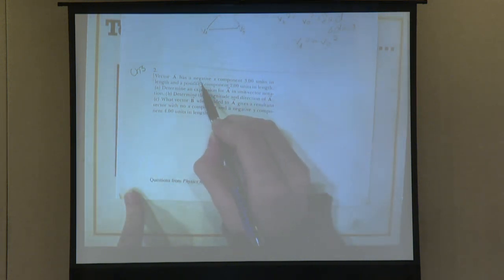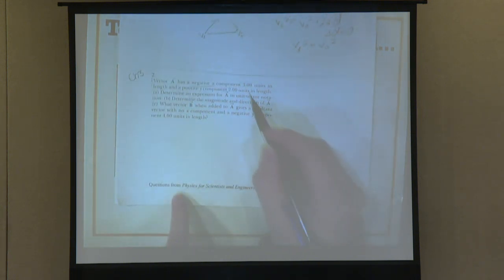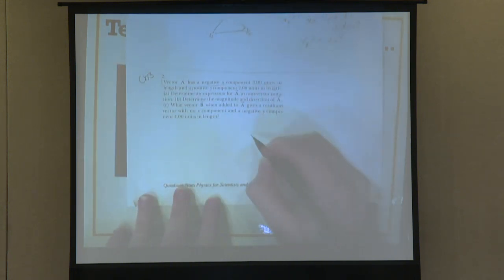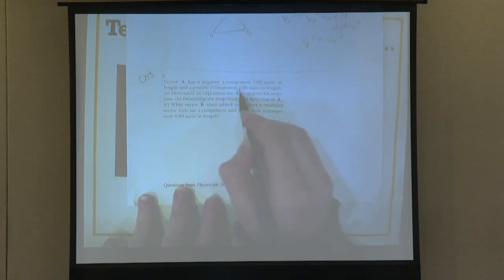Number 2 is talking about a vector A, and it says that it has a negative x component. The negative x component will be 3 units, so that's negative 3i, and then we have a positive y component of 2 units, so plus 2j.